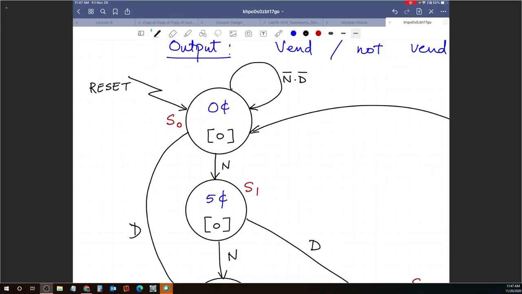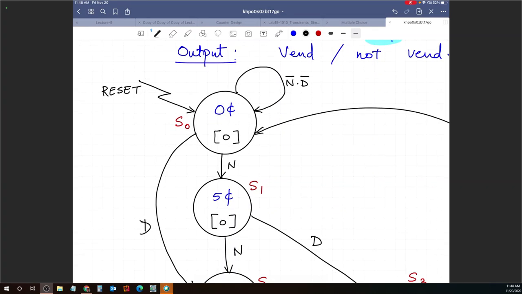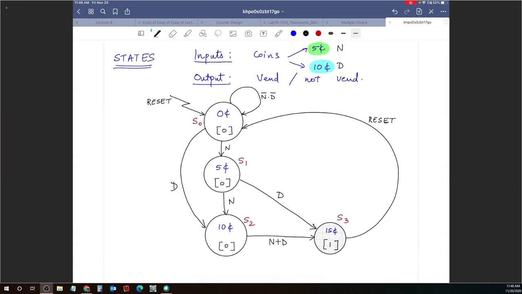There's a question in the chat box. If we wanted to dispense 5 cents change, can we not just do some fancy complement of S1? If you wanted to dispense 5 cents, we could. Like you could say, all right, let me have state 4 here of 20 cents in which I output 5 cents, right?